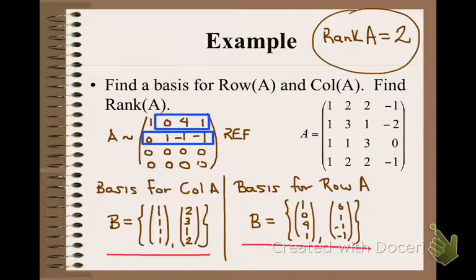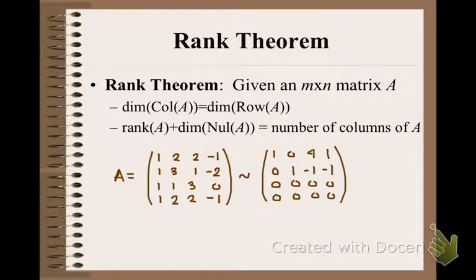It is no coincidence that the number of vectors in the basis for the row space and in the basis for the column space are the same. Both of them have a dimension of 2. The rank theorem tells us that the dimension of the column space is equal to the dimension of the row space. If you recall this matrix A, in reduced form we had two pivot columns.